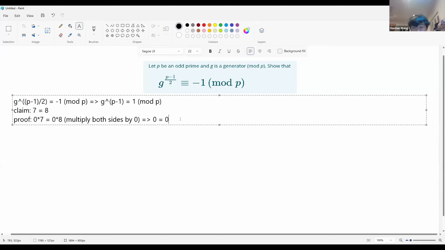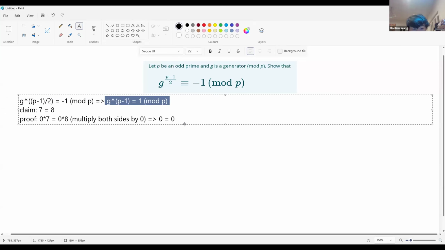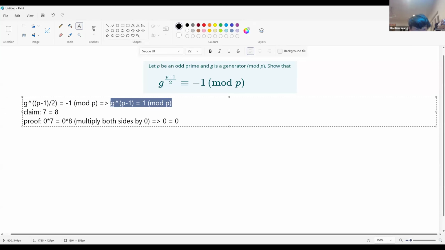That gives us 0 equals 0, which is indeed true. That's similar: we have a claim we're trying to prove, and we did correct things to get to a correct conclusion, but that doesn't mean we can go backwards. We've worked forwards, but now we need to get back to the original claim.